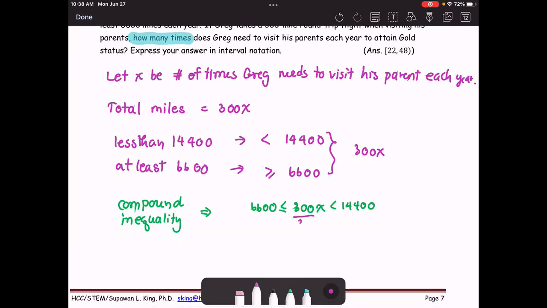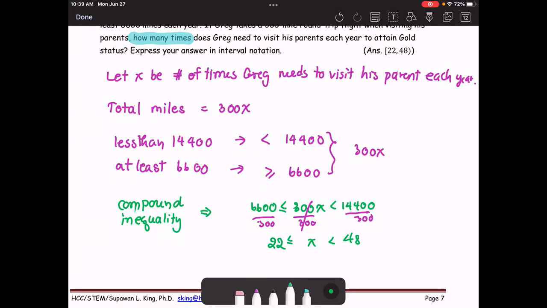So divide all three parts by 300. We have x in the middle, and 6,600 divided by 300 is 22. 14,400 divided by 300 is 48.